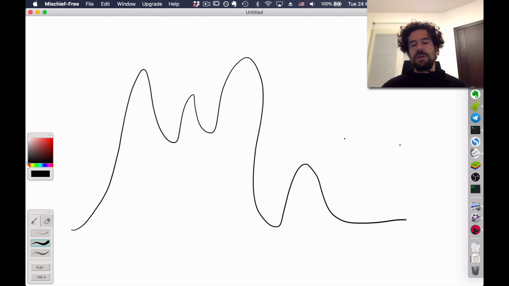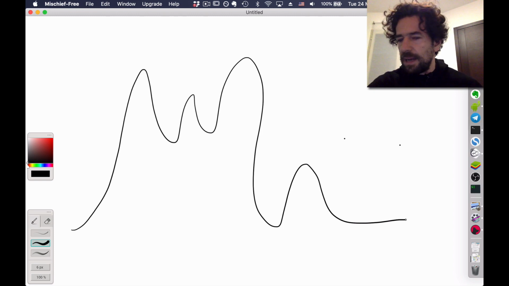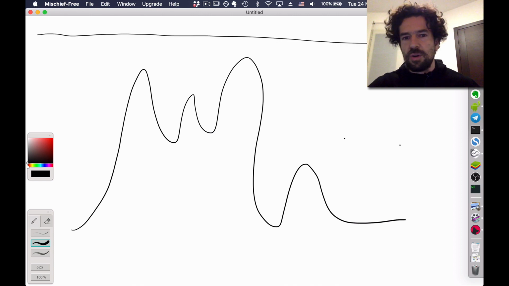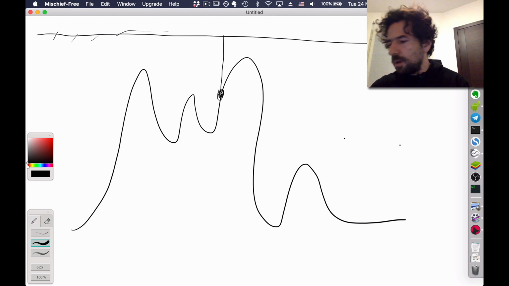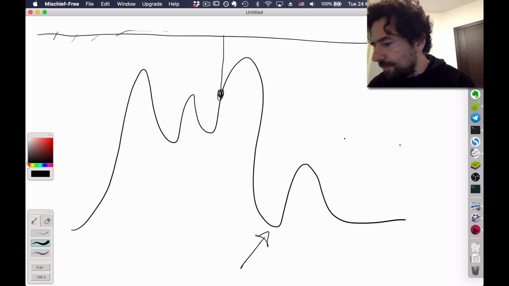So for example, in this case, I want to optimize a single parameter, which is the x-coordinate along this line, where I want to throw a ball, and I want the ball to reach the lowest point possible in all this curve. Of course, the best is here.